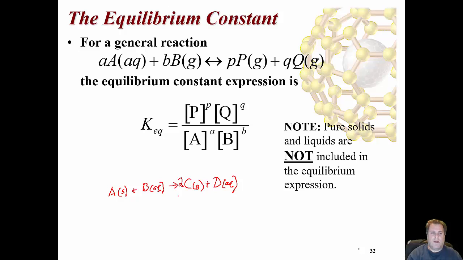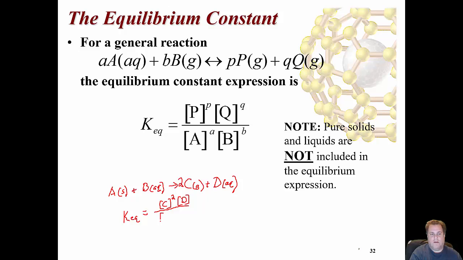So when we write the equilibrium expression for this, we still have K. Again, it's products. This is a gas and an aqueous species, so those are going to be included. I seem to be writing on a bit of a slant, but we have the concentration of C to the second power, or squared, times the concentration of D. It's to the first power, so we just leave it as the implied 1.